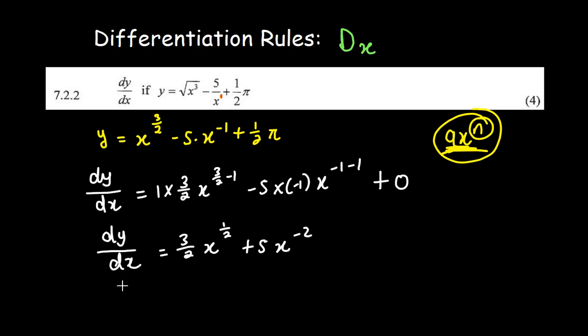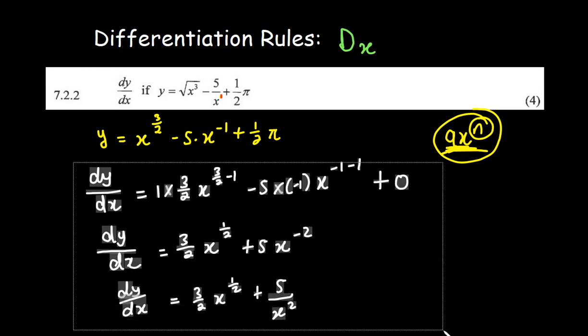Now remember, if they want you to express it in the form of positive exponents, you're going to say I have 3 over 2 x to the power of half, and then plus 5, then you make it a denominator, and then it will have a positive exponent. That is how we were solving those questions there.